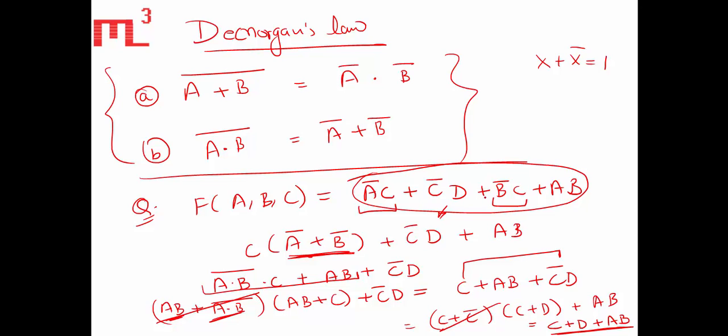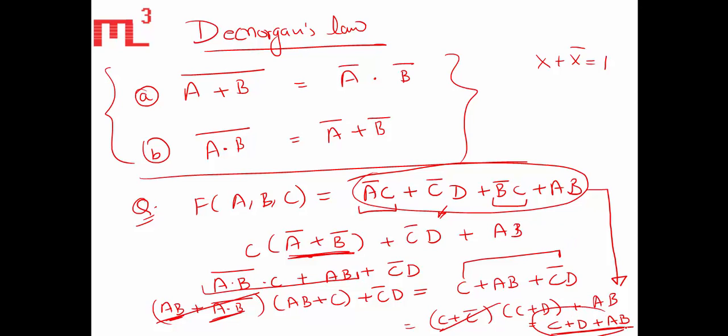Now one can ask why we are performing Boolean simplification at all. The answer is, after doing Boolean simplification, the same expression can be implemented using a minimum number of gates. That means the circuit cost will be less.